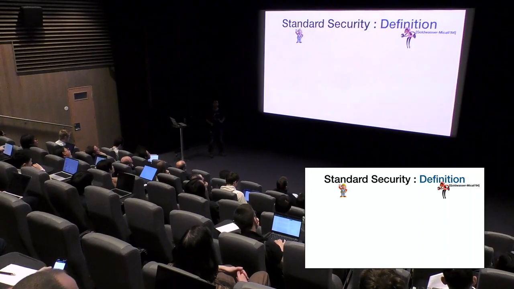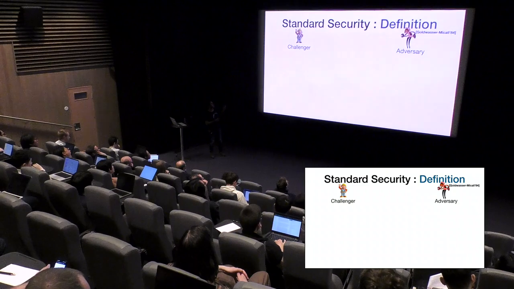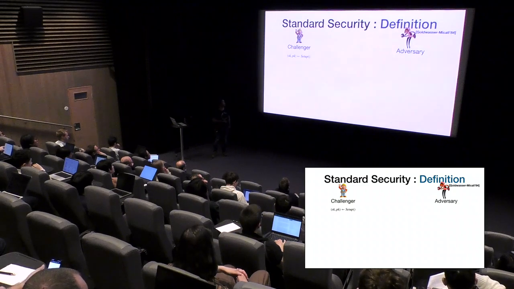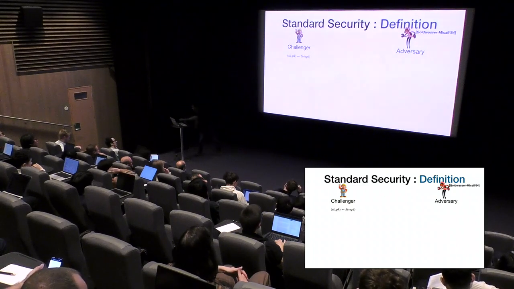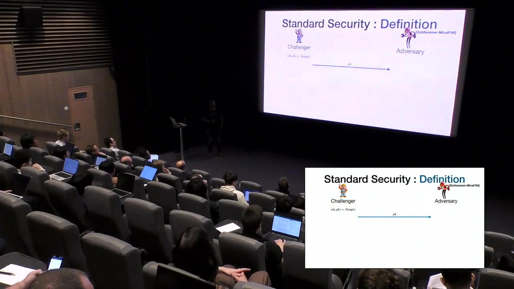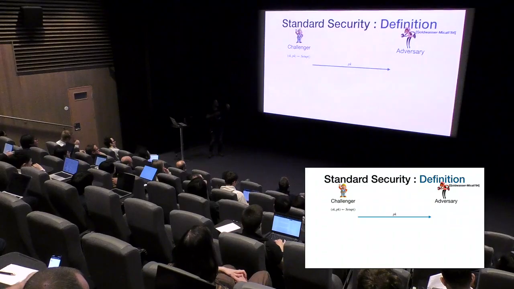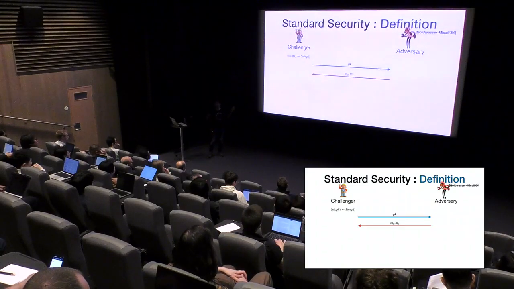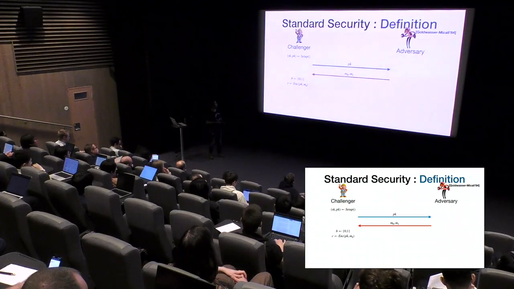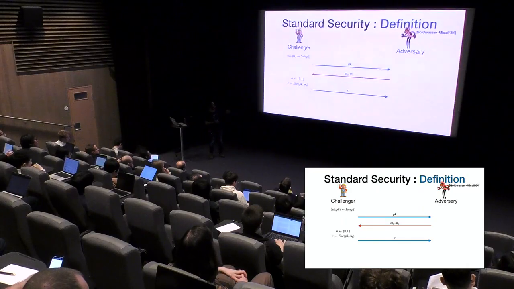The setup is pretty simple. You have an adversary and a challenger. The challenger generates the public key and the secret key and sends the public key to the adversary. Now the adversary will analyze the public key and give two messages of its choice, M0, M1. The challenger randomly picks one of these messages, encrypts it, and sends the ciphertext to the adversary.